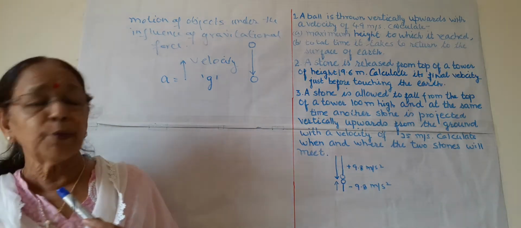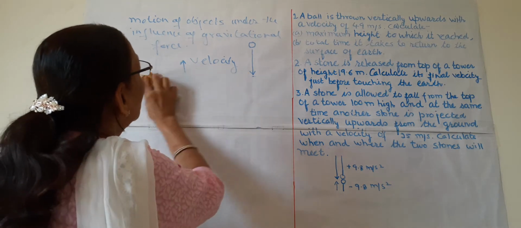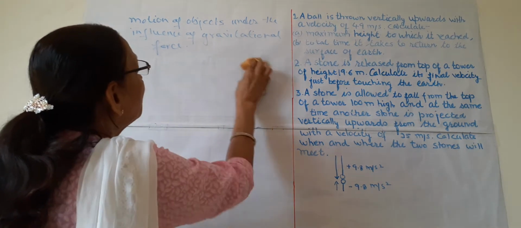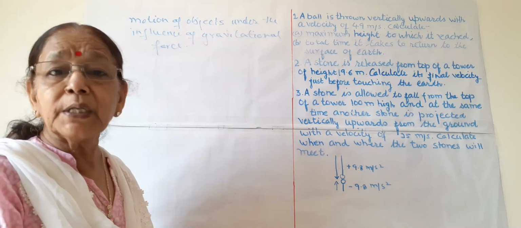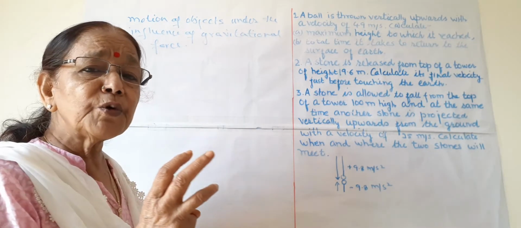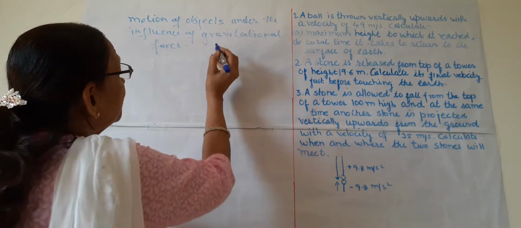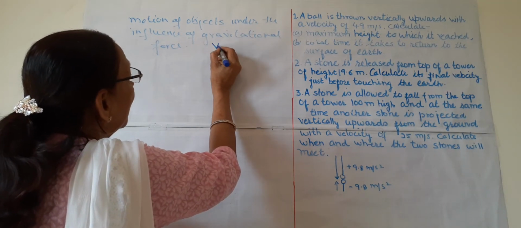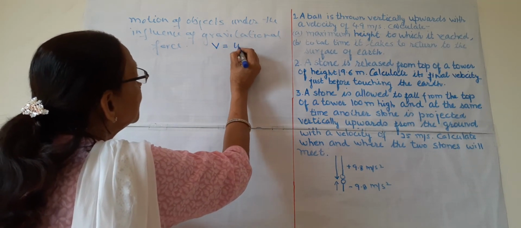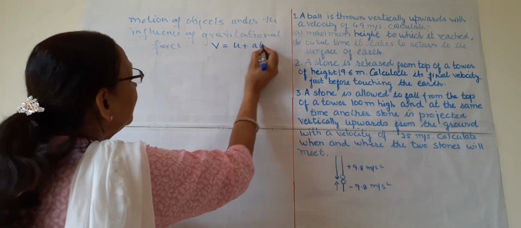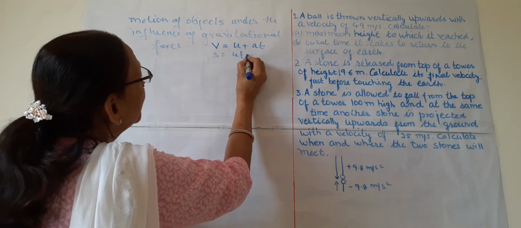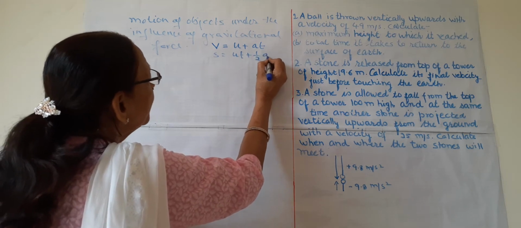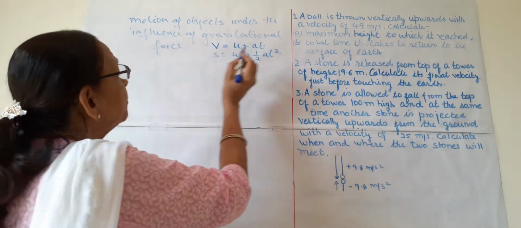Now we have also learned about the equations of motion given by Newton. Newton's 3 equations of motion we know, and I am writing them again. v is equal to u plus at, then s is equal to ut plus half at square. All of you know these equations.